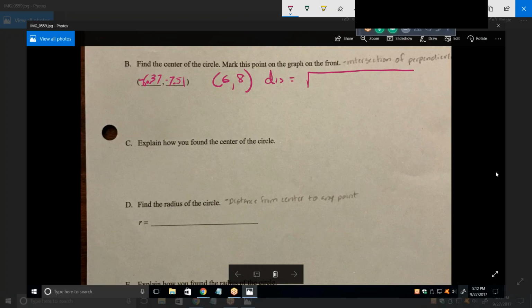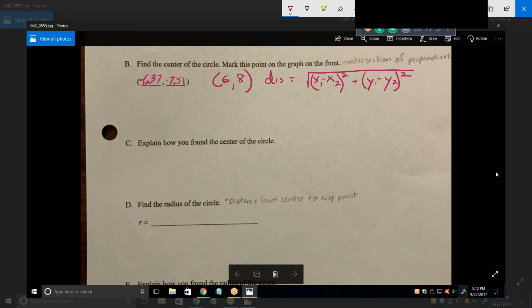Sure. It would be x sub 1 minus x sub 2, squared, plus. You were doing it right when you gave it to me, but I wanted to make sure you knew the general. You should know the general on all of these formulas. And here's the thing with the distance formula, it doesn't matter what order you put them in.